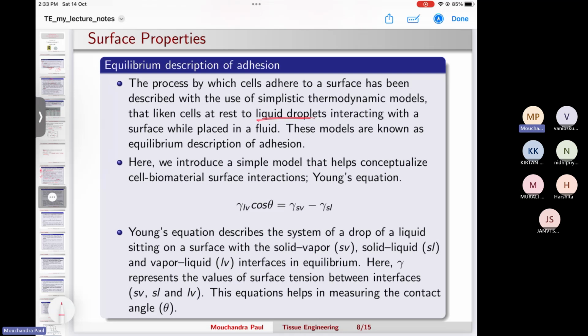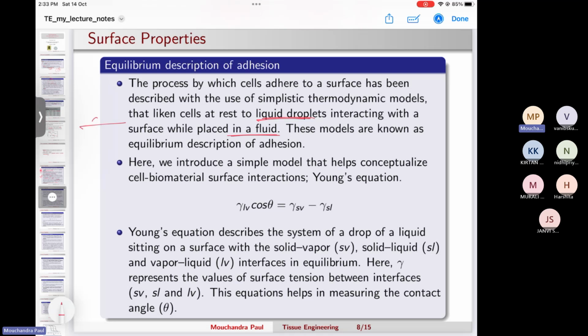When liquid droplets interact with a surface, it is homologous to cell interaction on the surface, and this interaction takes place in a fluid. So the surrounding medium is a liquid or air. So this is the model.